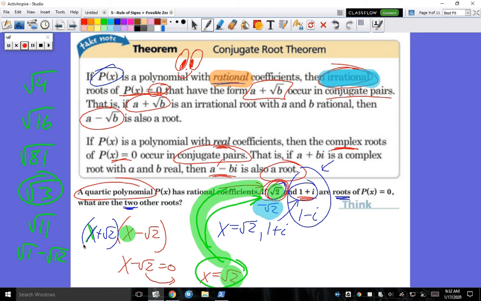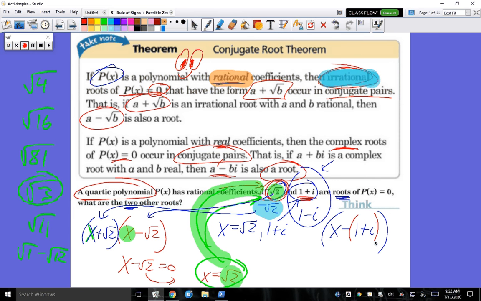Now, if this positive was written like this, and this negative was written like this, how do you think I would write 1 plus I as a factor? X minus that. Do you see it?